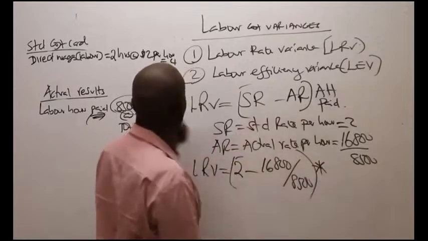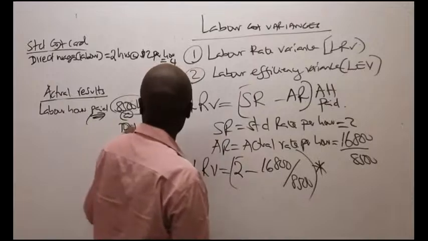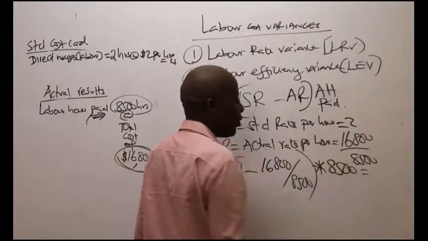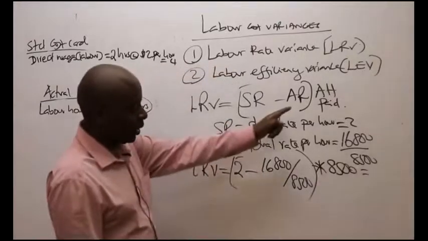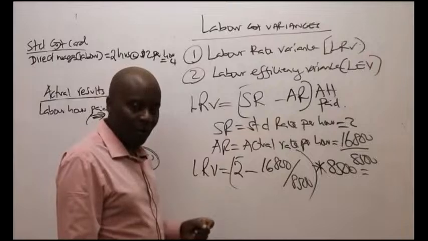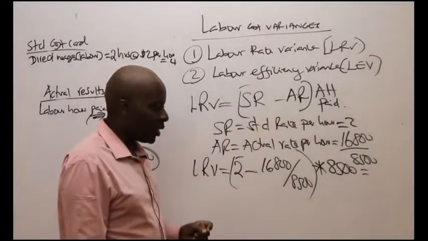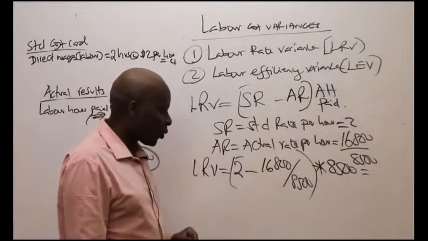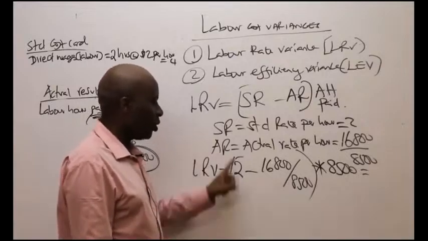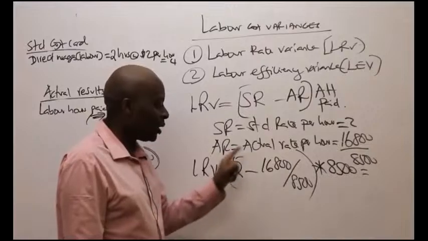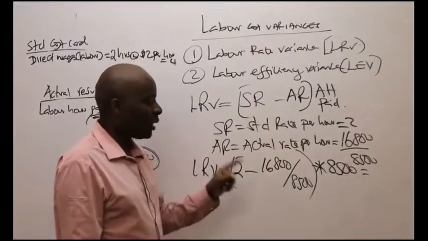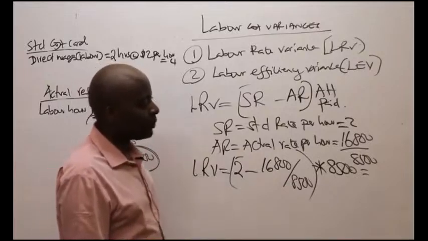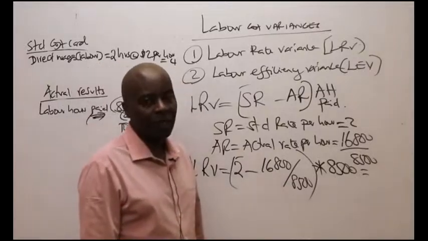The actual hours that were paid were 8,500. So please take a step of faith, take out your calculator, open brackets, 2 minus this divided by that, close, times 8,500, and give us a figure. We put it down here.